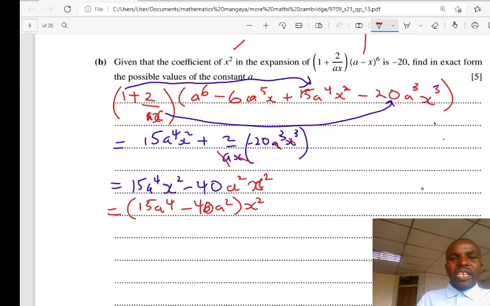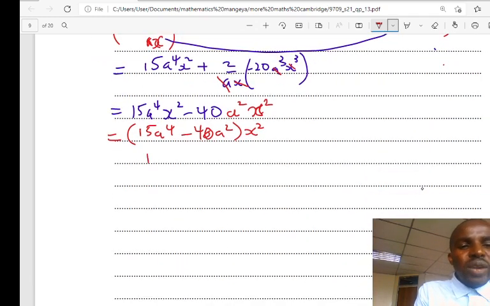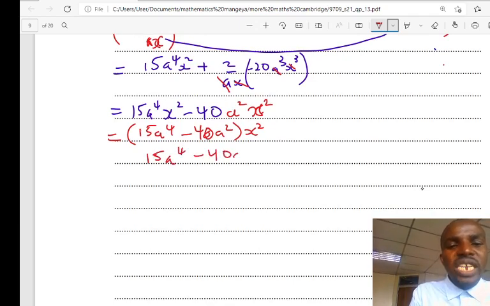Like this. Then we are told that the term in x squared is minus 20, and we want to find the value of the constant a. You can equate the term in x squared to minus 20: 15a^4 minus 40a squared is equal to minus 20.